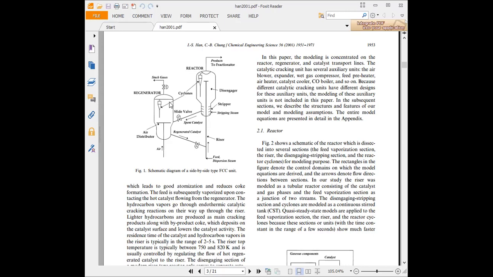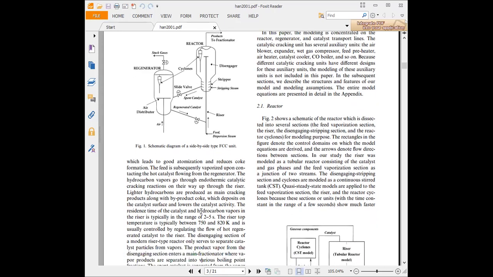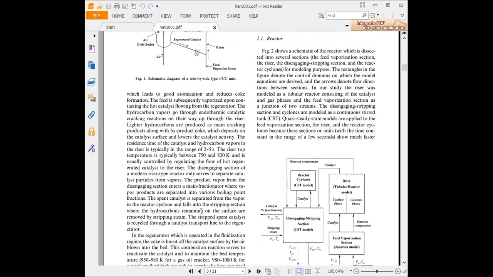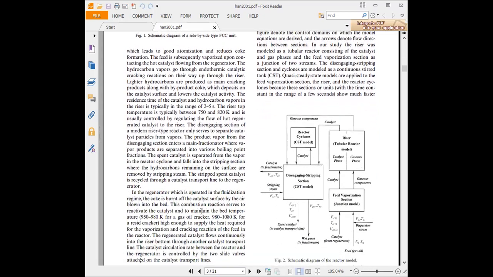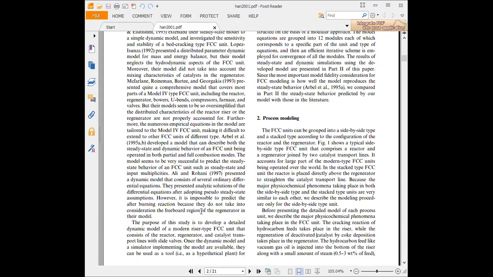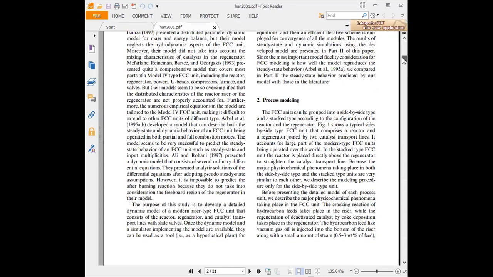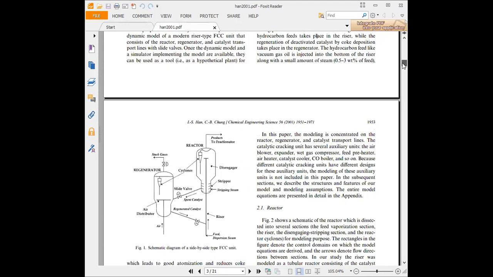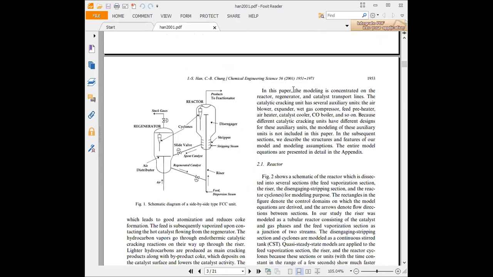in this paper, let's say they have given all these parameters, what they want to do, right? But very important is they have mentioned it in the last paragraph here. See, the modeling is concentrated on the reactor, regenerator, and catalyst transport lines.